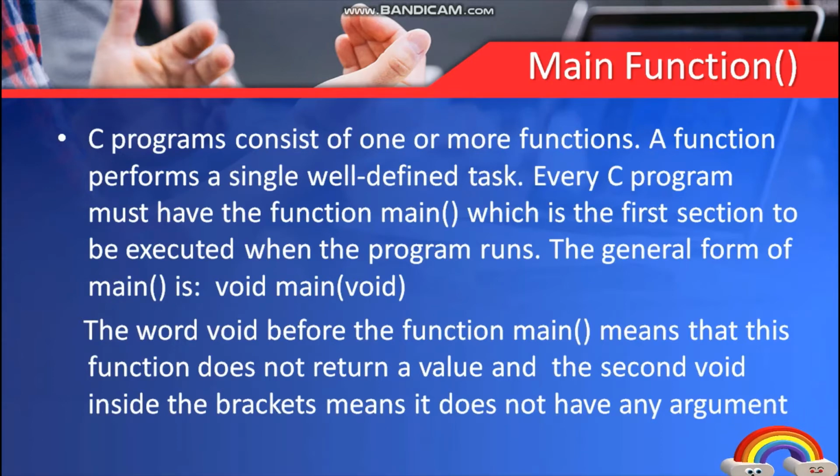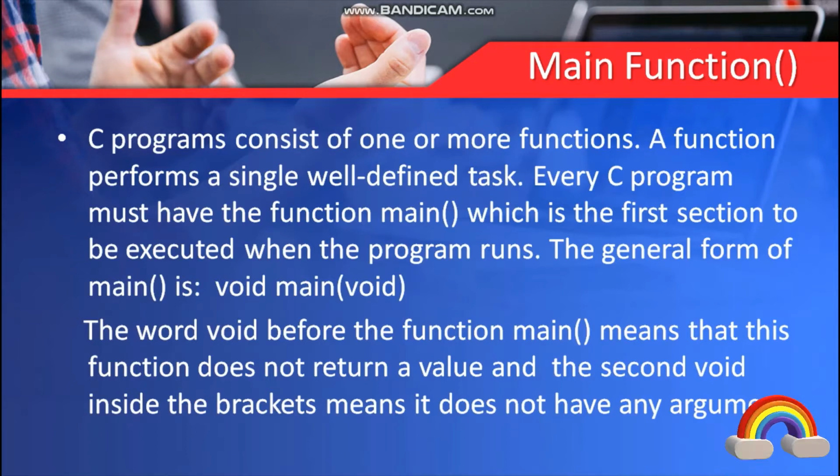Okay, so this is the main point where the body of the program starts. Like first we use the preprocessor directives like hash include, and within the preprocessor directive we use different header files that we use in our programs. These header files and preprocessor directives are the instructions for the compiler.